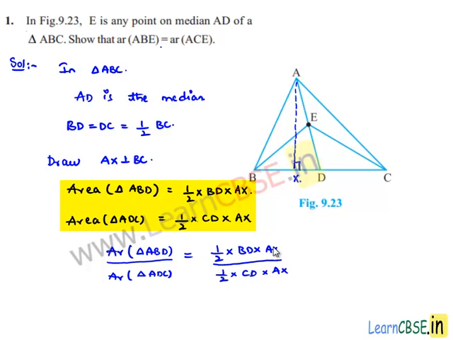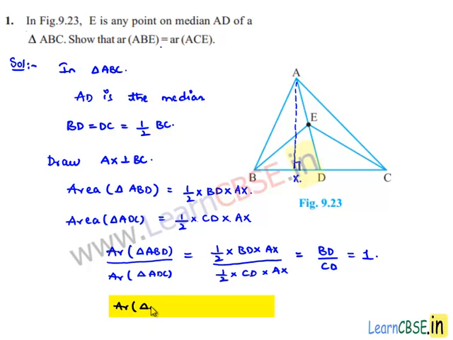Here half into AX is common in numerator and denominator, that will be cancelled, which is equal to BD by CD. But we know that BD and DC are equal since AD is a median. Therefore that value will be equal to 1. Finally we get area of triangle ABD is equal to area of triangle ADC.